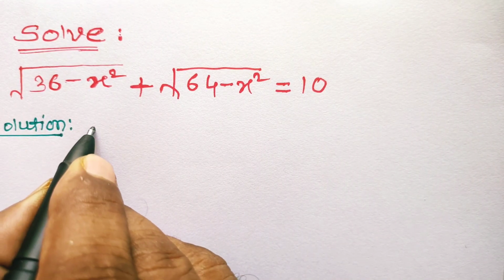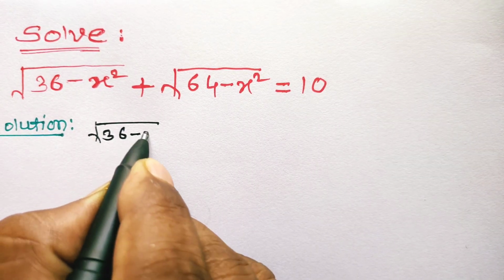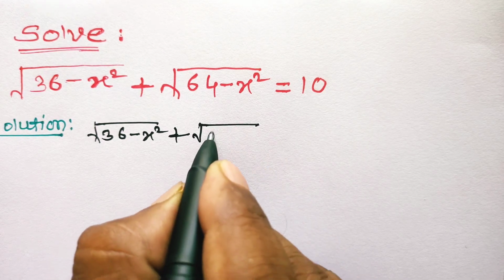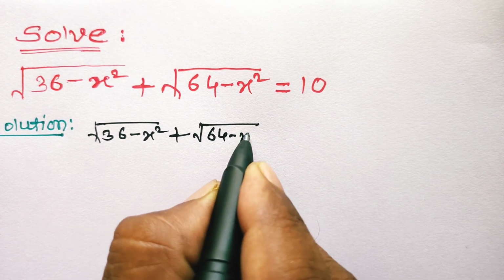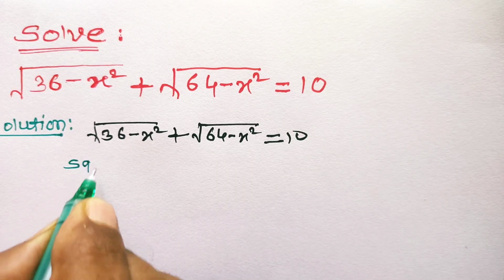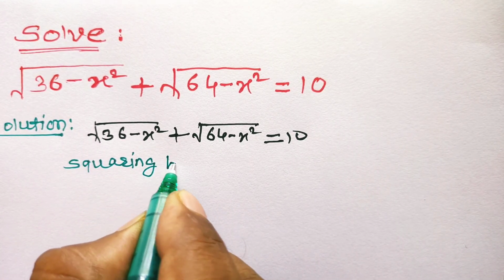Given equation is square root of 36 minus x square plus square root of 64 minus x square is equal to 10. Squaring both sides.